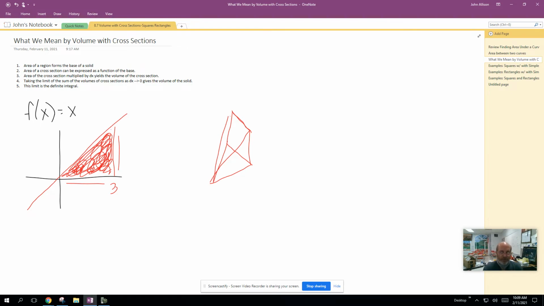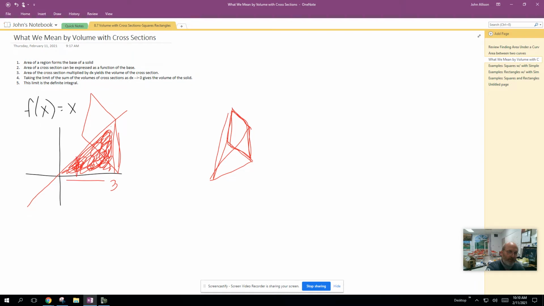It's a pyramid, but laid over on one side, and at each one of these places there is another cross section that protrudes up like this until all together they form this solid. And our goal is to calculate the volume. And we do that by looking at this.